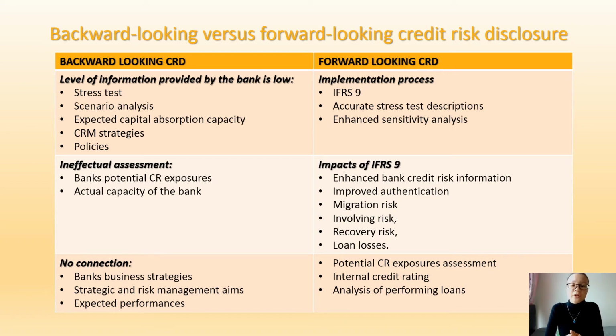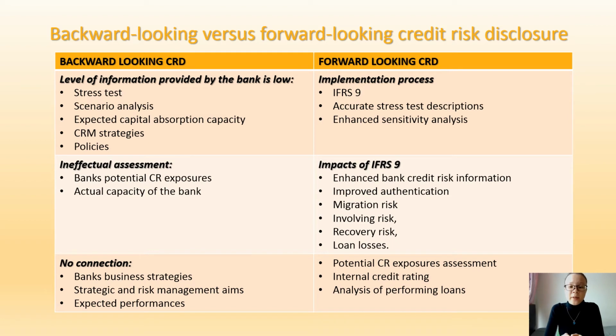The implementation process of IFRS 9 resulted in more accurate stress test descriptions, which led to an enhanced sensitivity analysis. The analysis of the possible impacts of IFRS 9 enhanced the forward-looking information on bank credit risk.